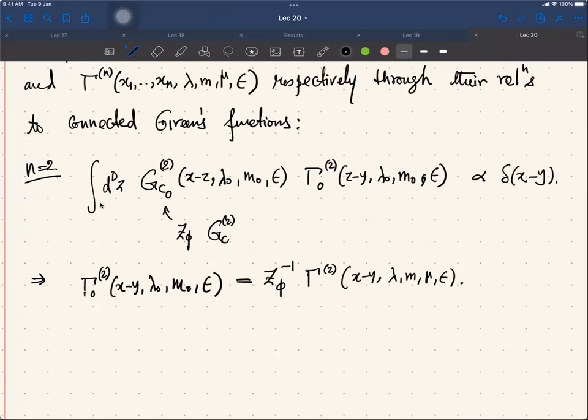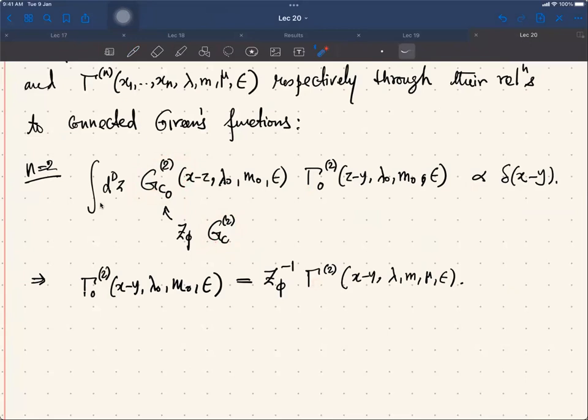Because the renormalized 1PI vertex satisfies the same equation with G0 replaced by G, right? So what are G and G0 and gamma 0? The equation that G0 and gamma 0 satisfy, the same equation will be satisfied by G and gamma.